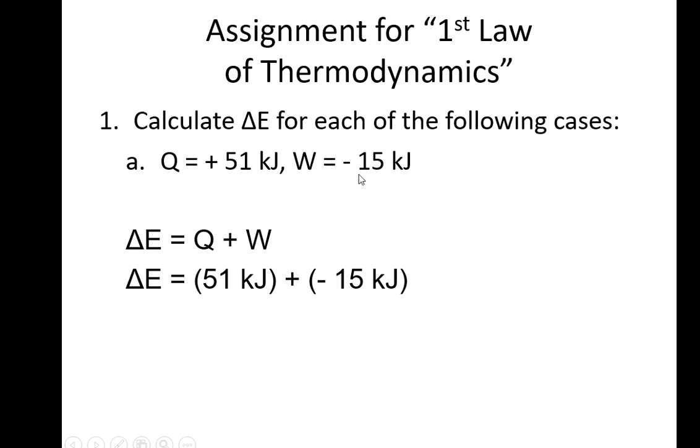We're adding to that the amount of work that's being done, negative 15 kilojoules. And our answer is 36 kilojoules. So this is the amount of energy that's being absorbed by the system, because not all the energy is going into changing the temperature. Some of the energy is also going into doing some useful work.